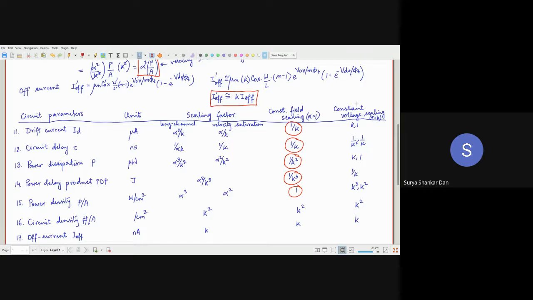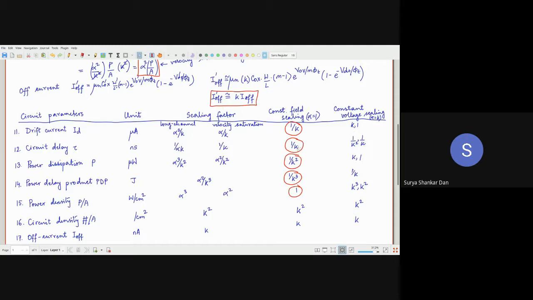But look at the constant voltage scaling. If you put alpha equal to k, then there are two options here. What we understand is this 1 upon k square seems to be even more attractive than our 1 upon k for the constant field scaling, right?